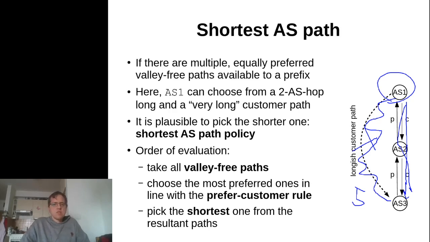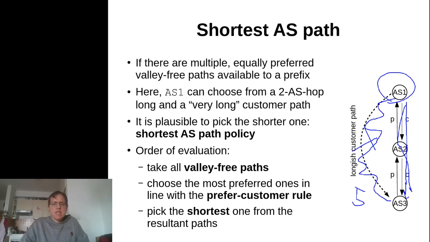These three simple policies, valley-free routing, the preferred customer rule, and the shortest AS path length policy will be our guideline to understand the types of paths and the architectural or structural properties of the interdomain paths that arise in the internet.